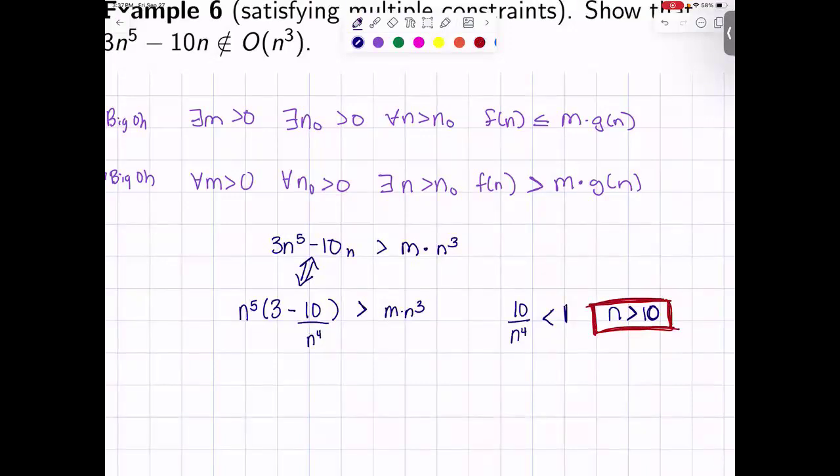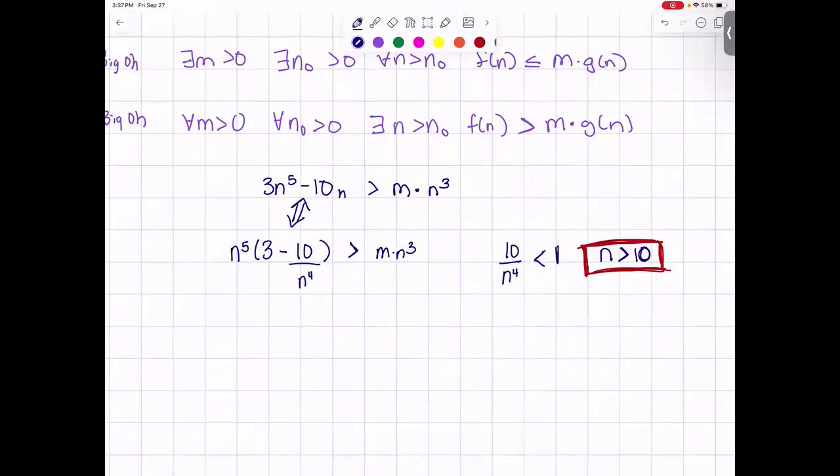Okay, so now that I know that that's going to be true, basically what I'm saying is n to the 5 times 3 minus 10 over n to the 4 is definitely going to be greater than n to the 5 times 3 minus 1. Because if this is definitely less than 1, this whole thing is definitely bigger than 2. So then this is just going to give us 2.